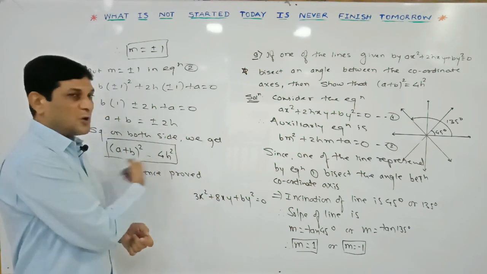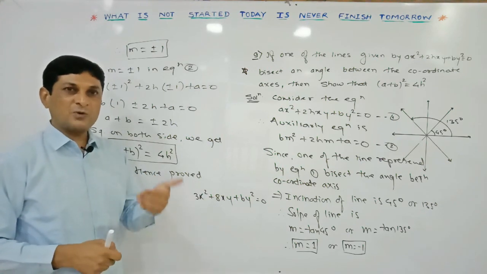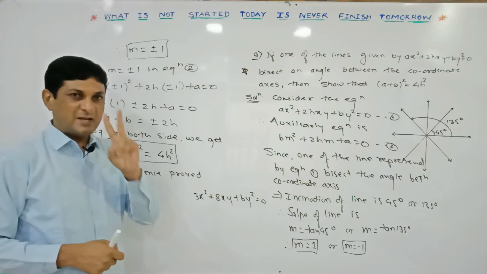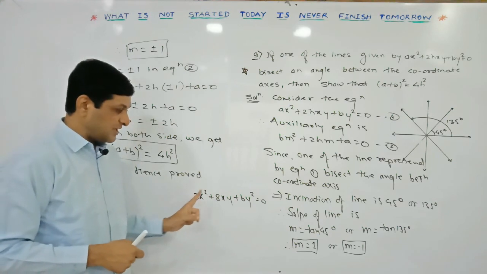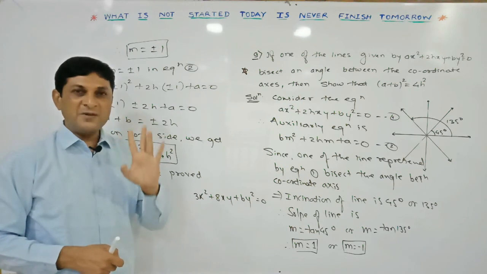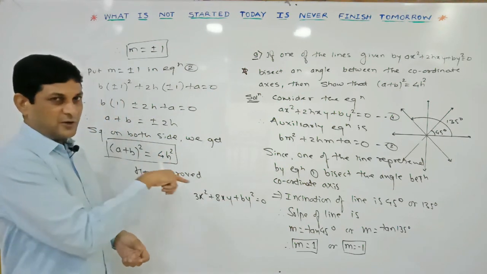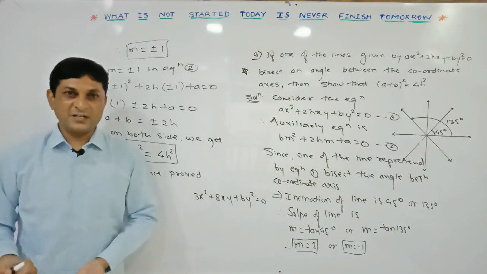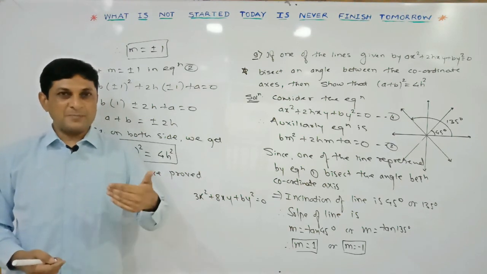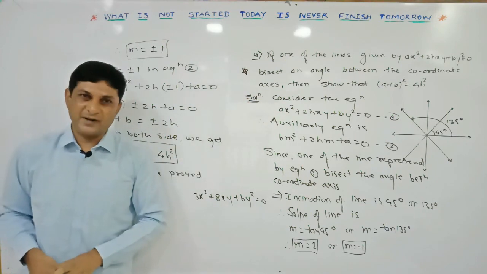So in this way we have a shortcut formula to find the unknown value if two values are given. If any two values are given, we can find the third unknown value using this condition, but this condition is applicable only if the line represented by the homogeneous equation bisects the angle between the coordinate axes.